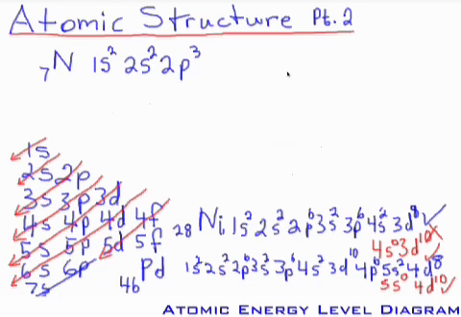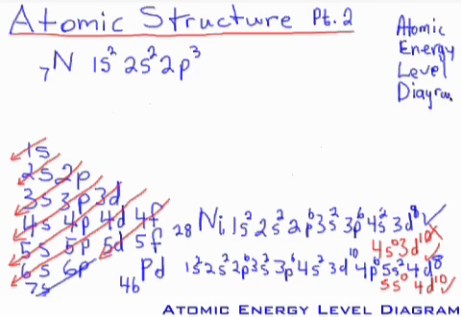If you are asked for an electronic configuration, you give this on the quiz. But you could be asked for an atomic energy level diagram. What's that? You may remember last lecture where we represented orbitals as lines. And so we would draw something like this, and we could call it the 1s.